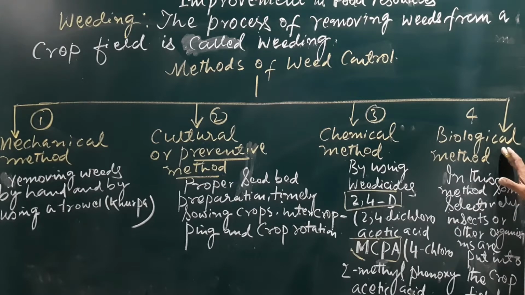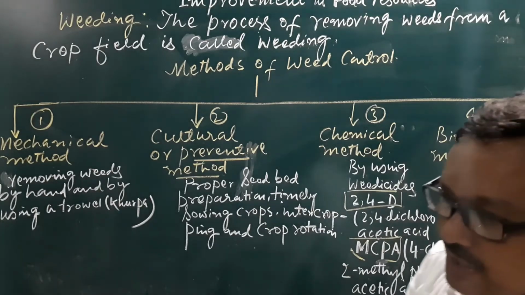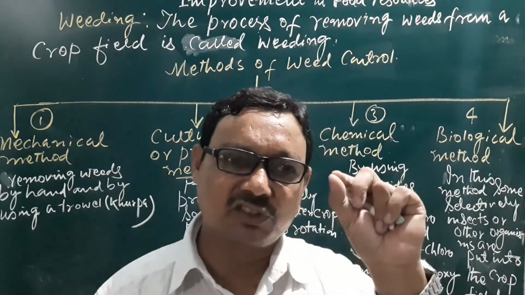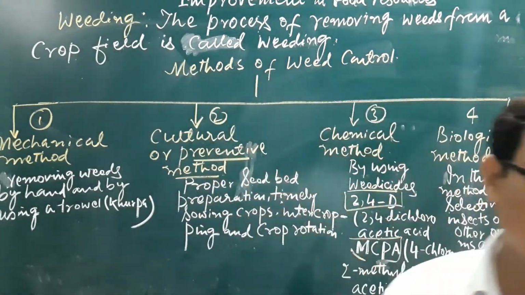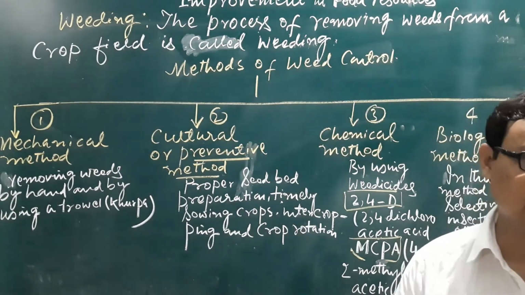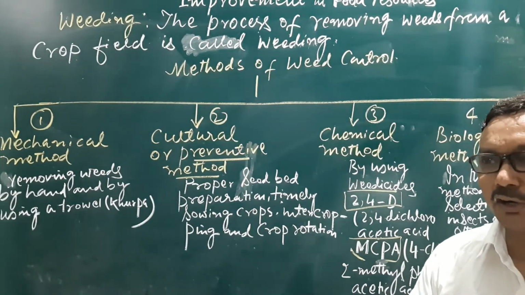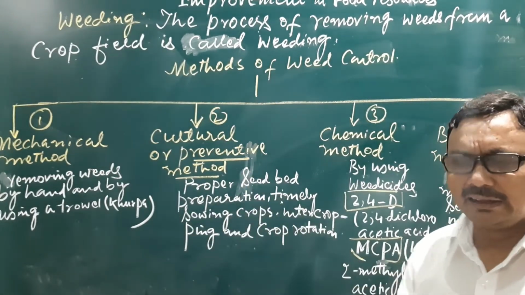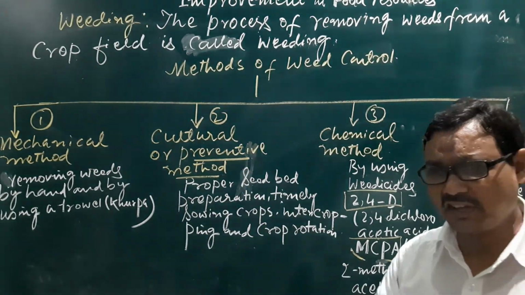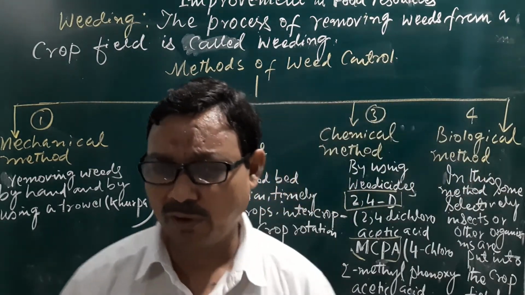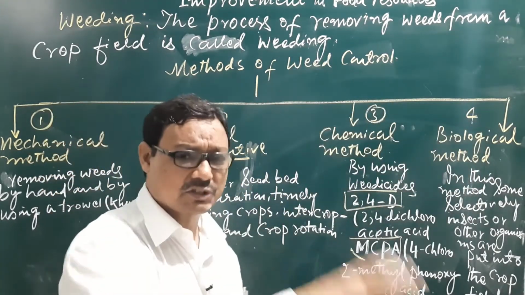This one is very good, the biological method. In this method, what happens? Some selected types of organisms will be introduced or put into the crop field. And what is the nature, what are the special features of that type of organism which can be introduced in the field?